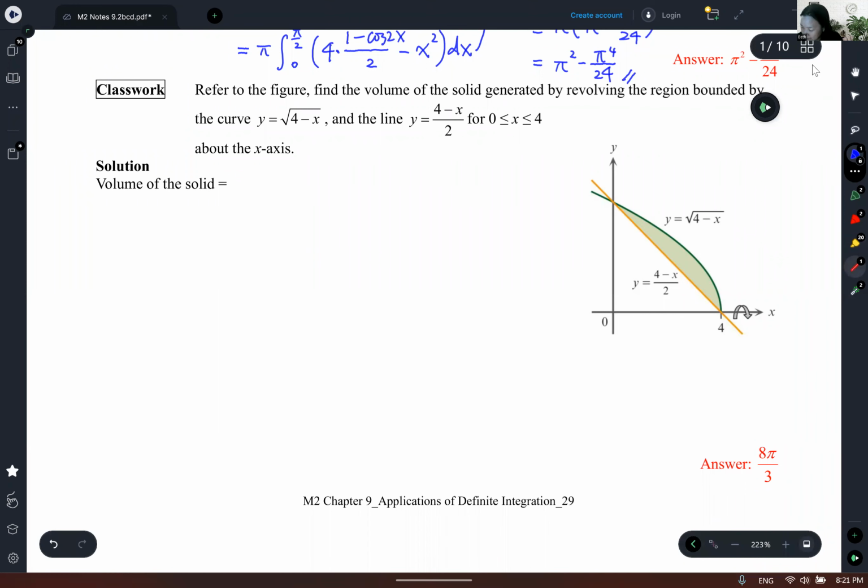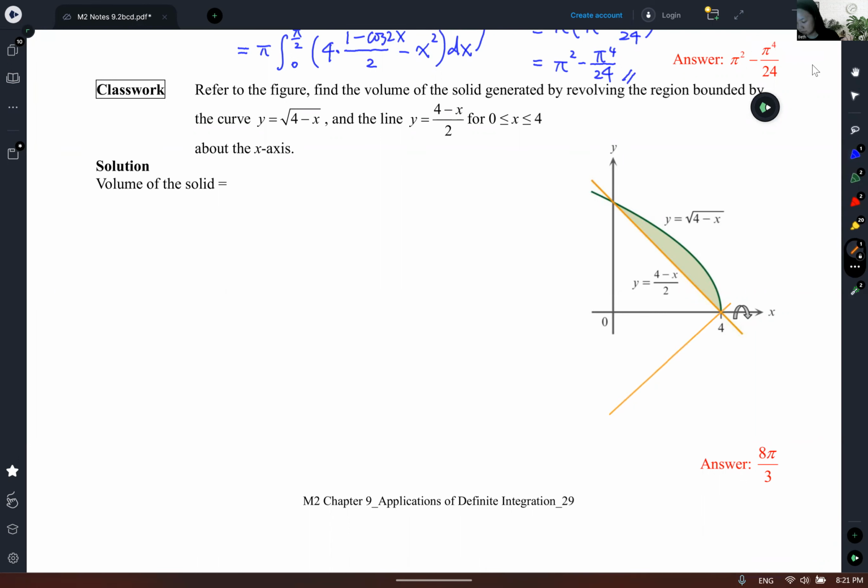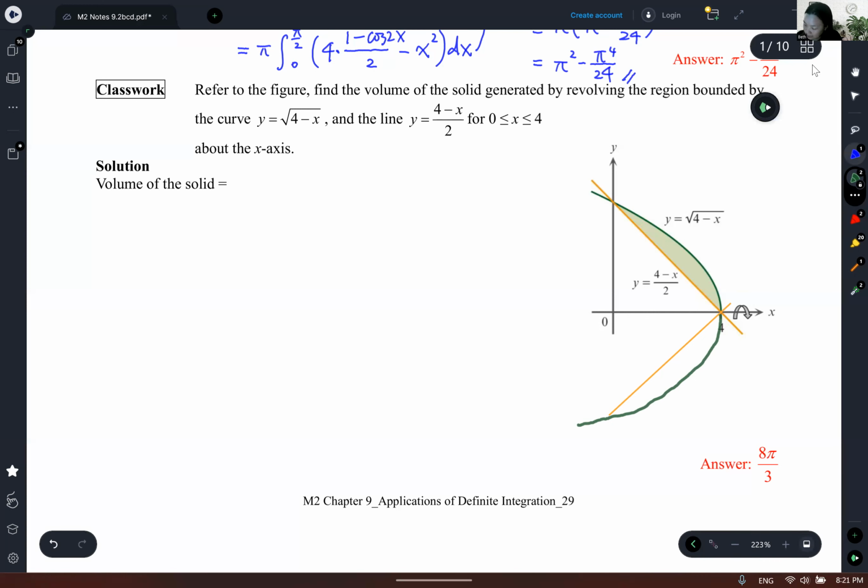This line, I'm going to draw orange, and then a green line, like that. And you see it's a 3D shape. I'm going to draw the 3D shape, just in 2D, and then the cutting.